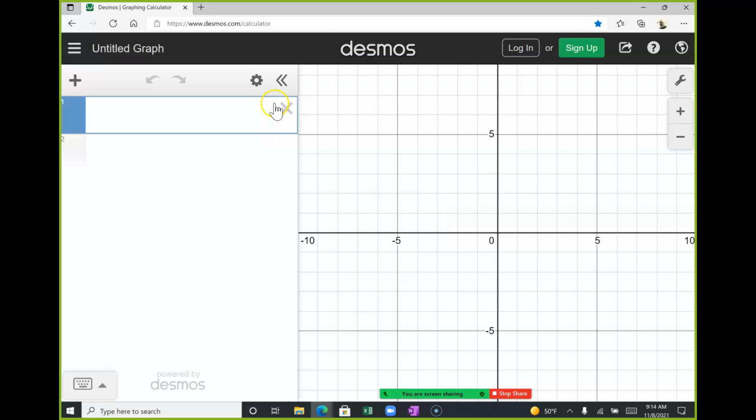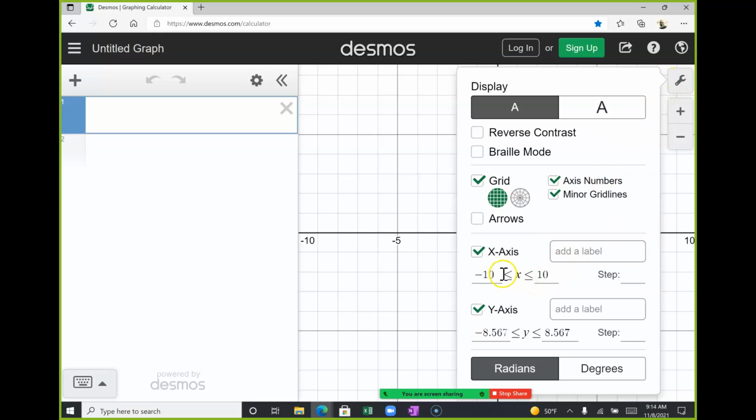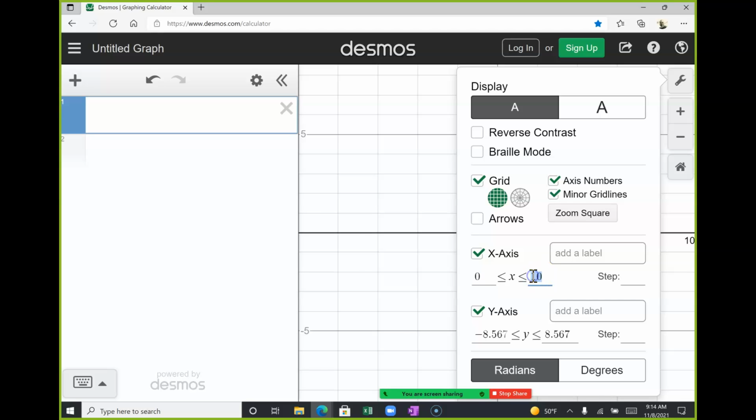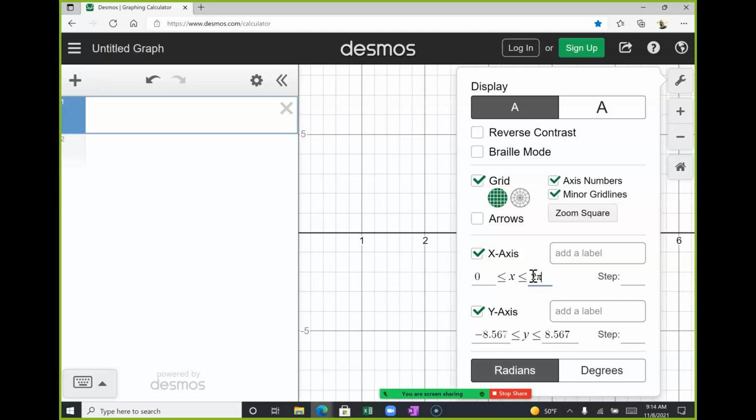So, first of all, I want to look at 0 to 2 pi for my x-axis. So 0 to 2 times pi. And I like quarter steps of pi over 2, right?